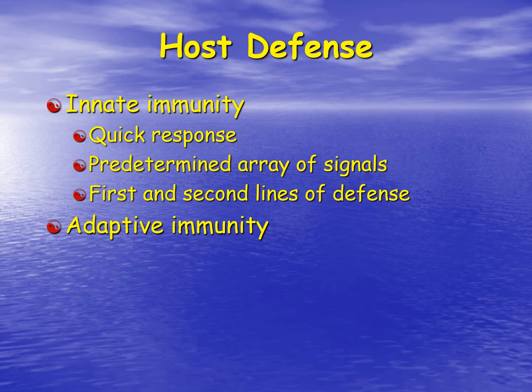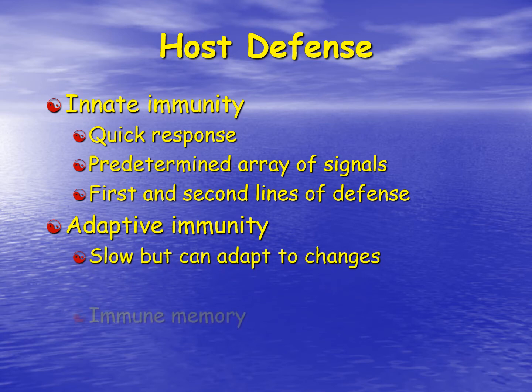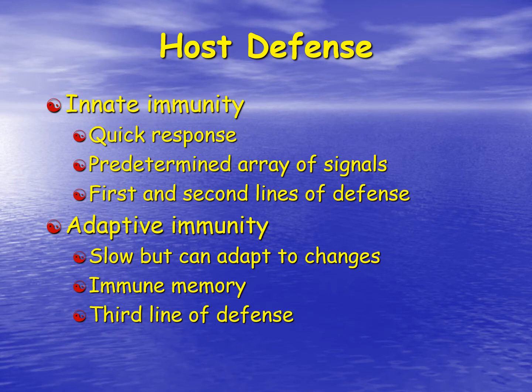Whereas adaptive or specific immunity is much slower, but it can adapt to changes. The other big thing about the difference between adaptive and innate immunity is that adaptive immunity creates memory to what we have been exposed to. And this is our third line of defense.